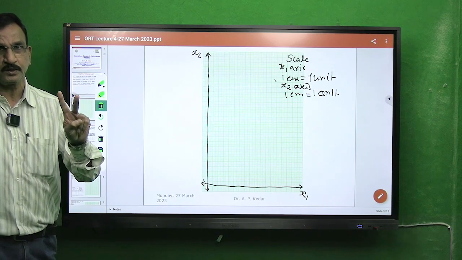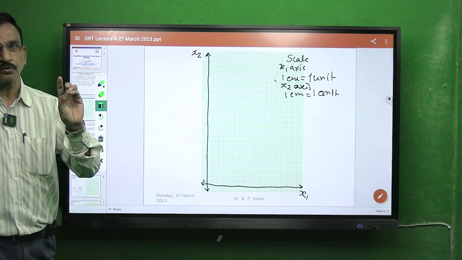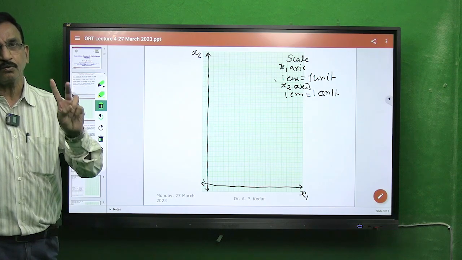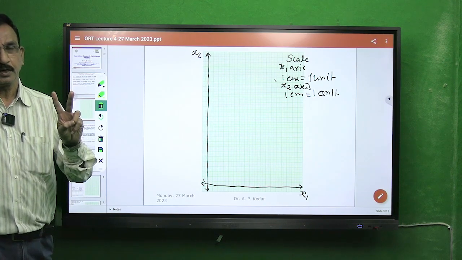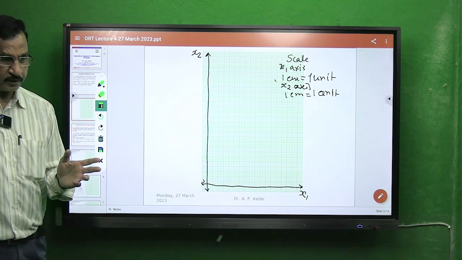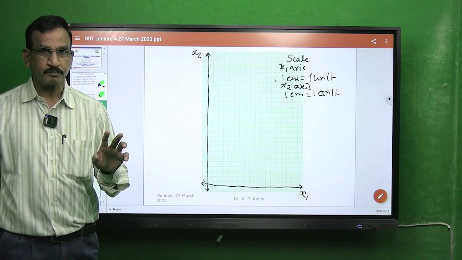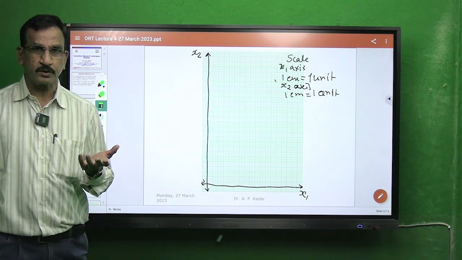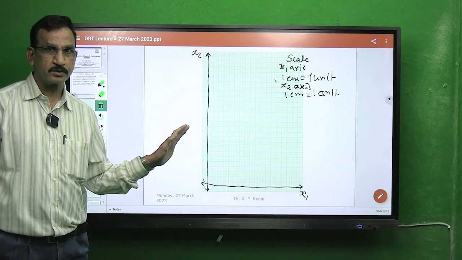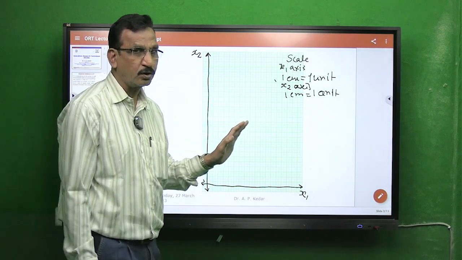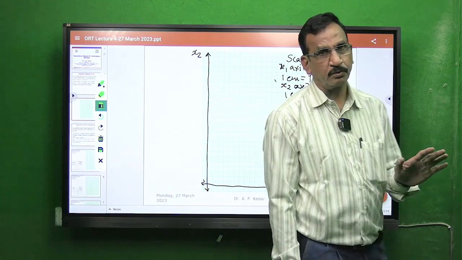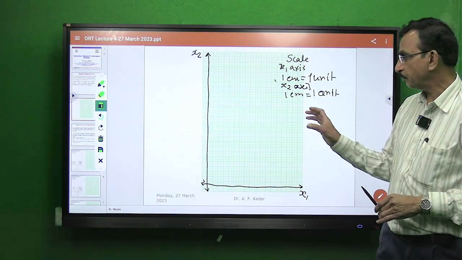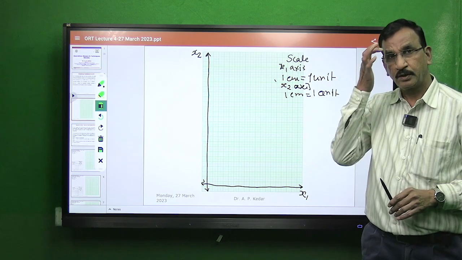I am again stressing, the graphical solution holds good for a problem wherein you have only 2 variables, x1 and x2. The moment you exceed 2 variables, if your problem has 3 variables or more, this method is not suitable, not applicable, and you cannot find a solution for a problem with more than 2 variables with the help of the graphical solution.